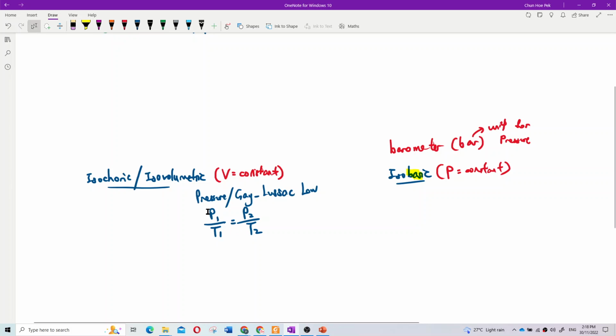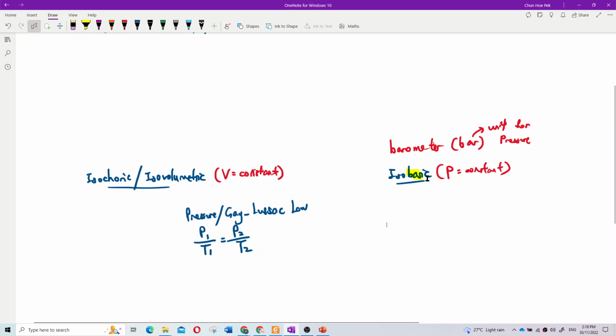Pressure law, because volume is constant. Understand? And how about the isobaric? Pressure constant, then it is Charles' law.